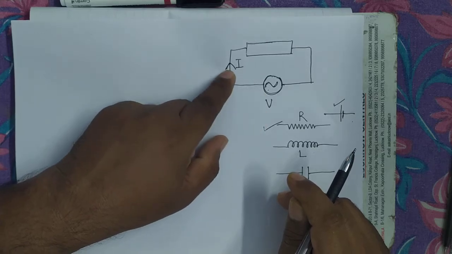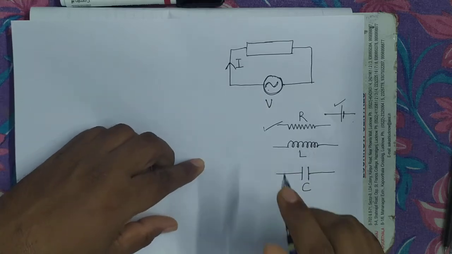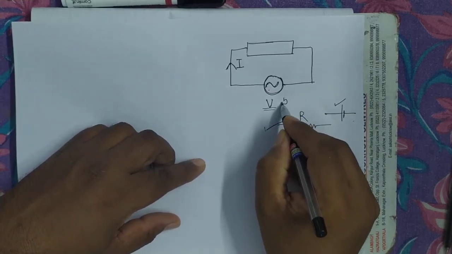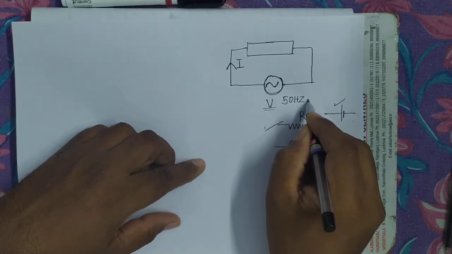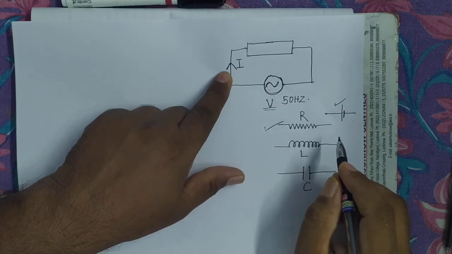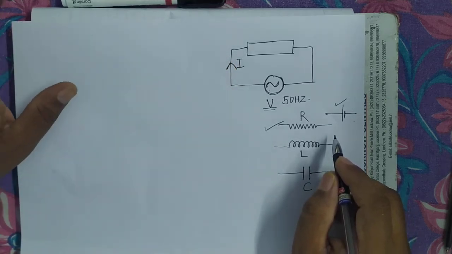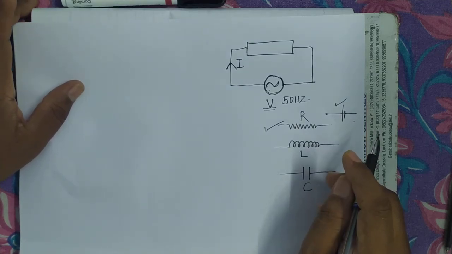Suppose you have applied an alternating voltage of 50 Hertz, means completing 50 cycles in 1 second, then the current which will be produced will also complete how many cycles? 50 cycles in 1 second. That will also have the frequency 50 Hertz.